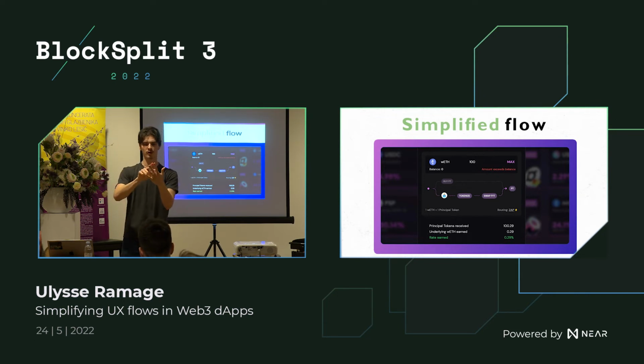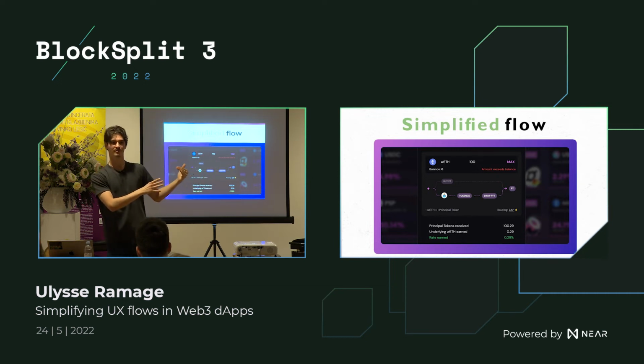It does all the 5 transactions that we talked about, but it encapsulates all this into just one transaction for the user. So that's very nice. This is a very interesting part that we can simplify, thanks to smart contracts in DeFi UX, in Web3 UX as well. So a good thing to keep in mind.